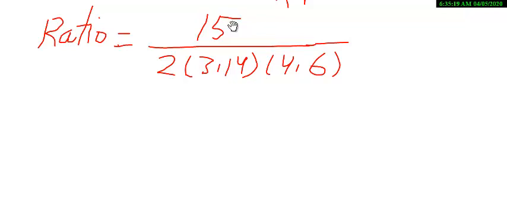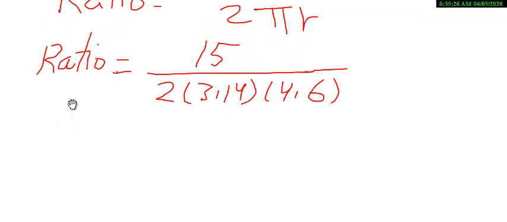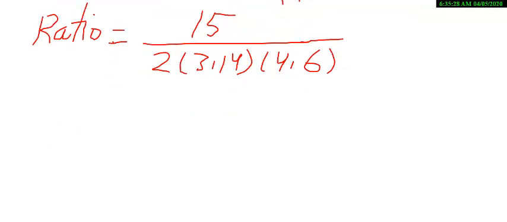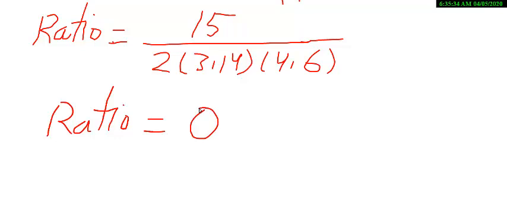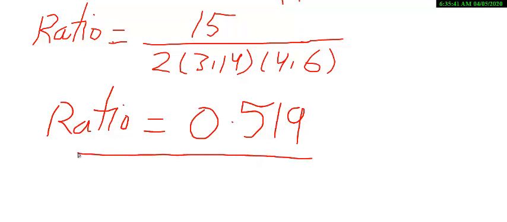The final result, the ratio of the sector in decimal form, will be 0.519.